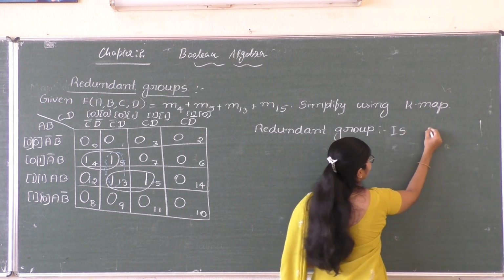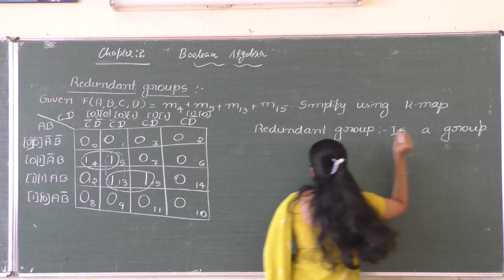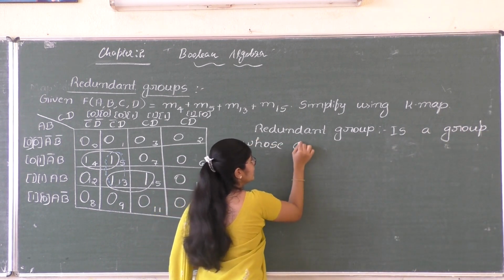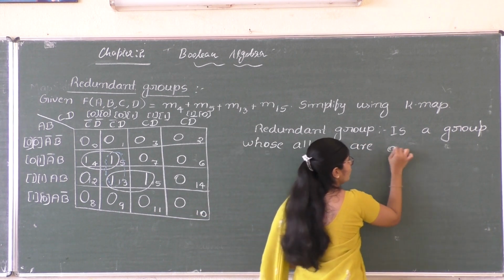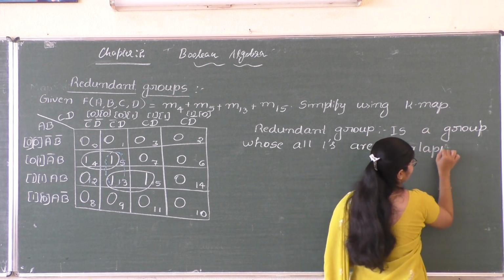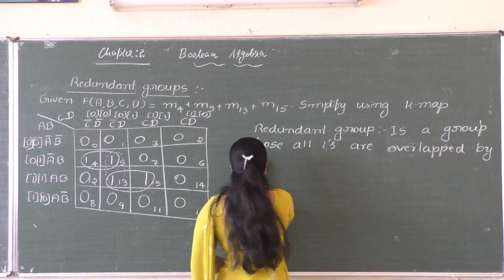is a group whose all ones are overlapped by other groups.